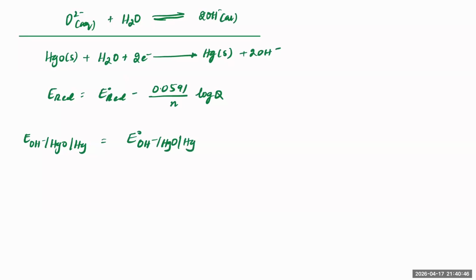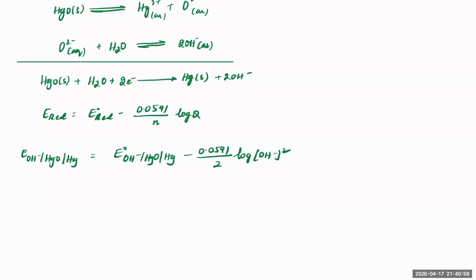So that minus 0.0591 by n, which is 2, log of Q. So as per the equation, it only depends upon the base. Rest all are unity concentration. So this is how you calculate the reduction potential in case this type of cell is involved.